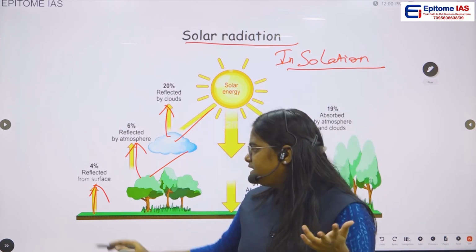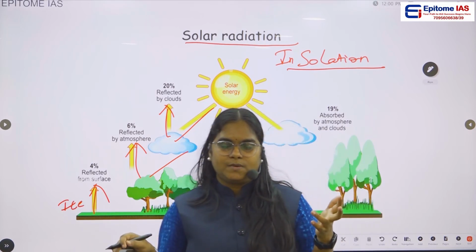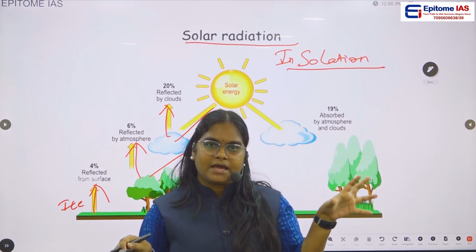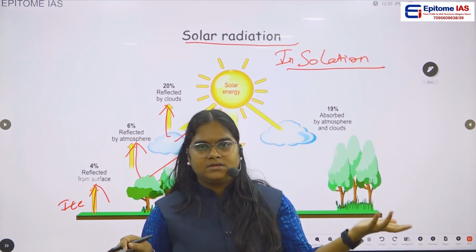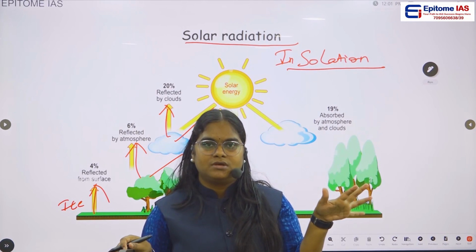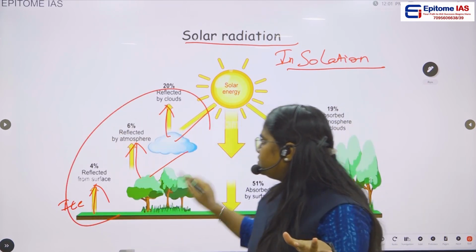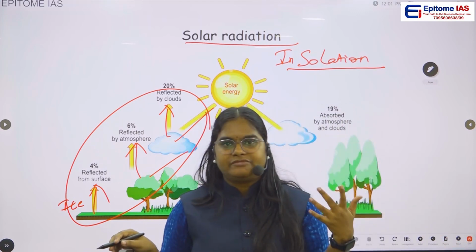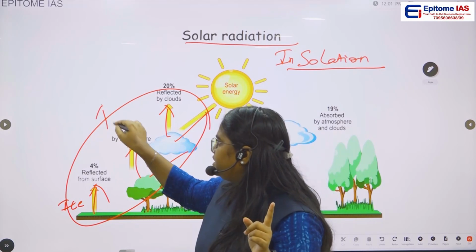How? Let us say we have ice caps and glaciers. These ice caps and glaciers actually reflect back the incoming solar radiation. So this is how some of the incoming solar radiation is reflected back, and in total we call this effect the albedo effect.